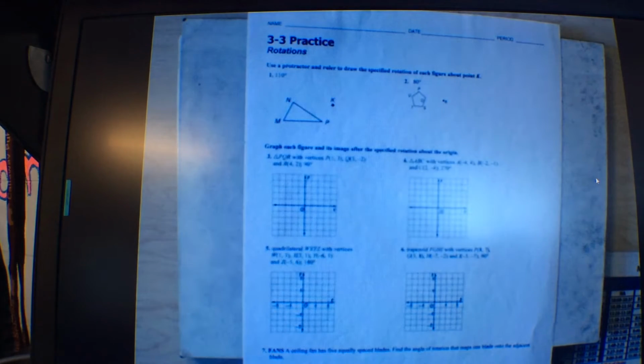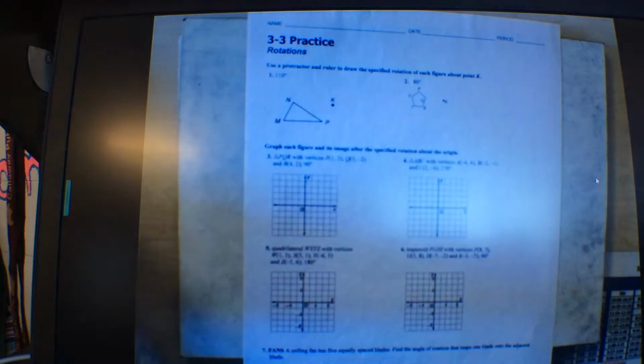Do what? Oh, do you have it? You don't have this sheet? Okay. All right. My goodness. All right. Okay, you pass this out.